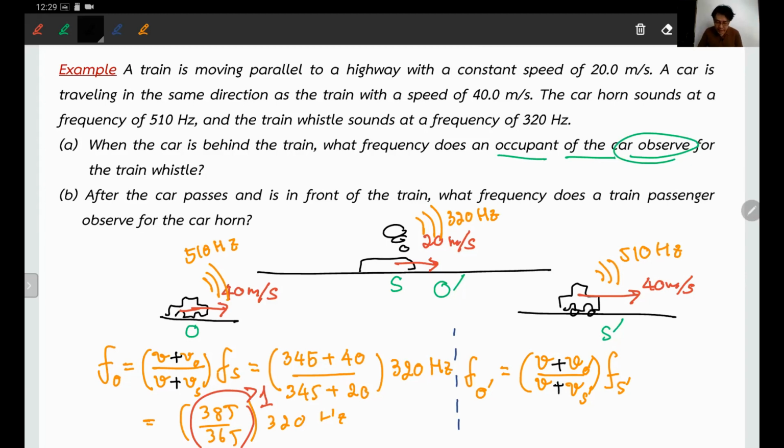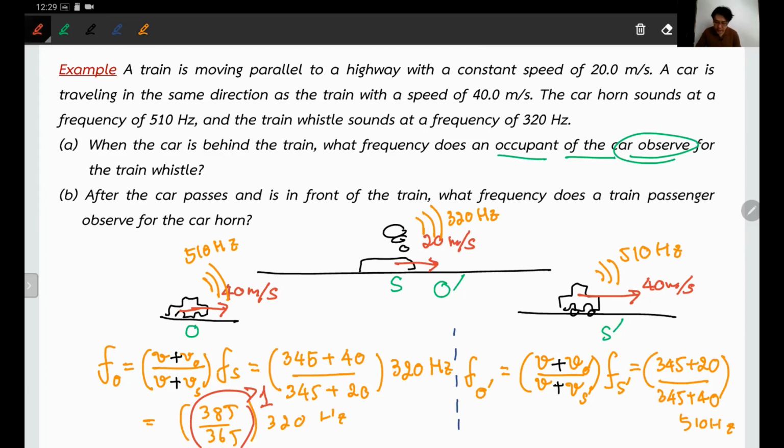And now at the end, you just substitute the values. And don't forget who's who. In this case, the velocity of the observer is going to be the velocity of the train. And the velocity of the source is going to be the velocity of the car, so that would be 40. All right, and the source frequency is going to be the horn sound from the car, so we multiply by 510 hertz. And that's it, that's done.